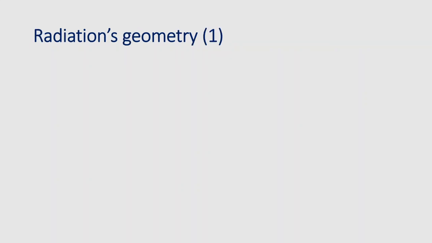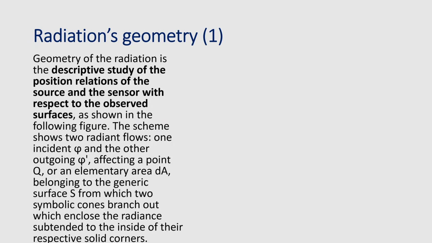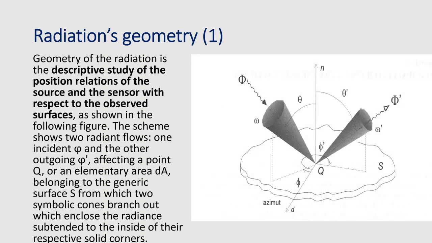All right, now, as I mentioned at the beginning, we need to take into consideration the radiation's geometry. So, the geometry of the radiation is the descriptive study of the positional relations of the surface, of the source, and the sensor with respect to the observed surfaces, as shown in the following figure here.